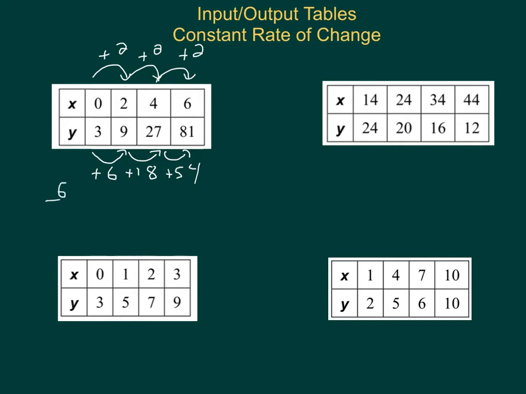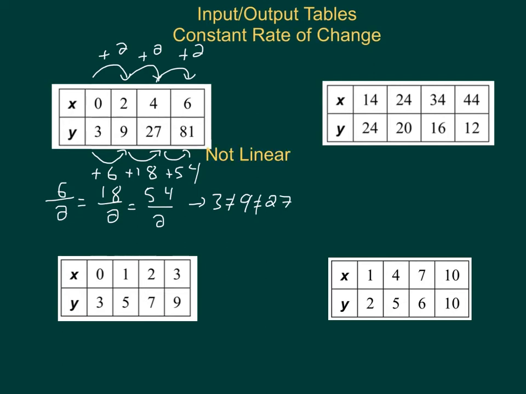I'm going to write 6 over 2. And then the next one, 18 over 2. And the last one, 54 over 2. And I want to know if those are all the same. Pretty clearly, they are not. If I reduce them all the way, this is going to be 3, 9, and 27. And those are not equal, which means that this table, although it's a function, is not linear.